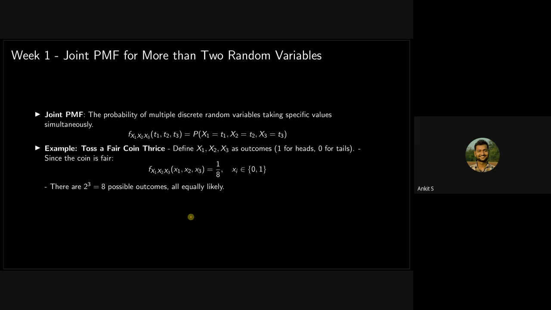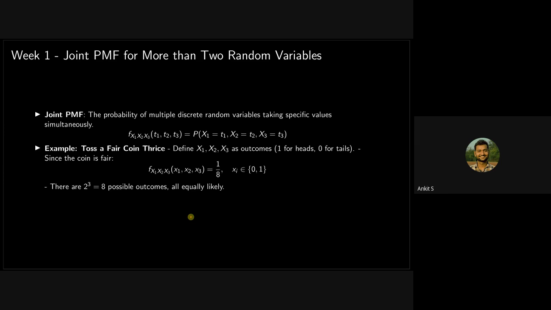If you have understood the case for two, then you will be able to easily extend it to more than two. So what is the joint PMF? In the two-variable case, we had the probability that two of them take some values together. In this case, it is the probability that all three take some values together.